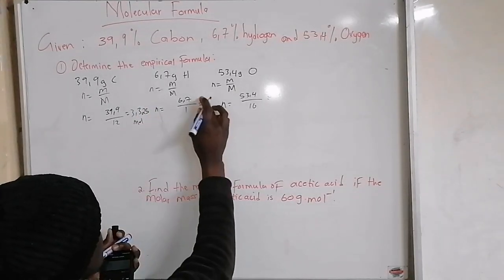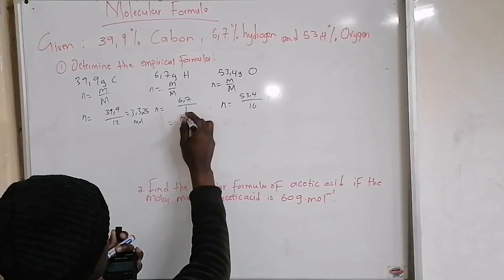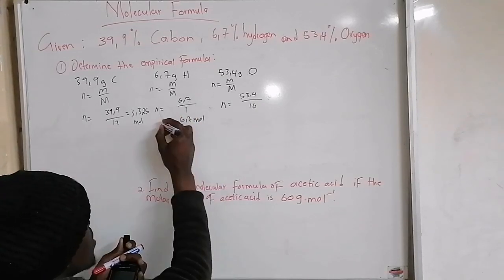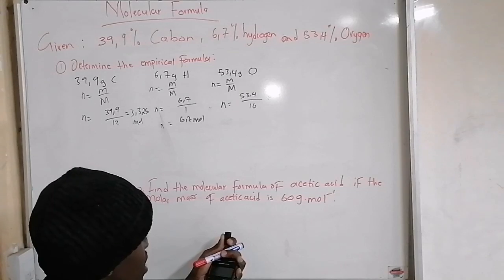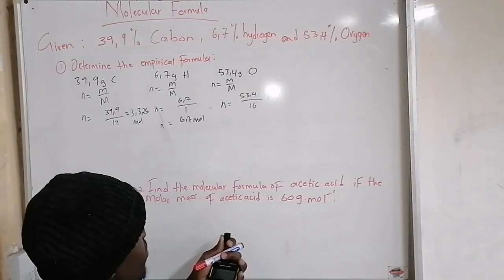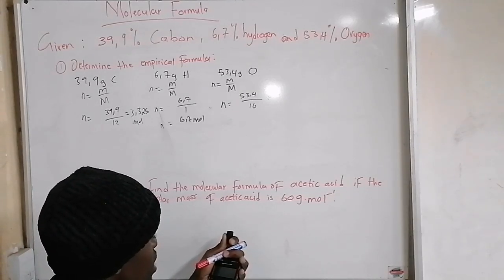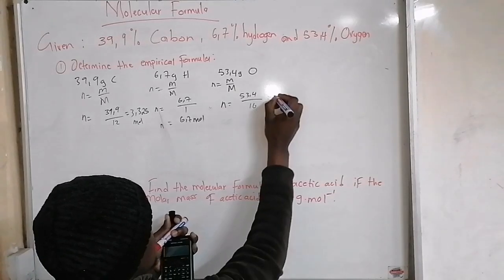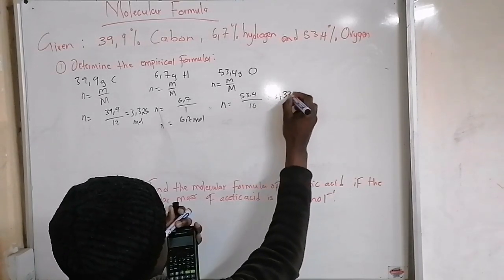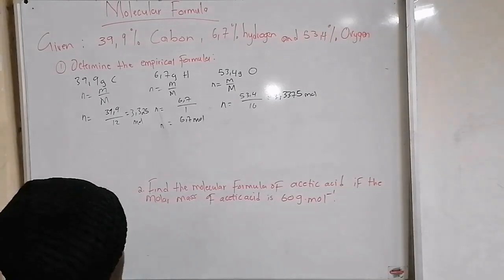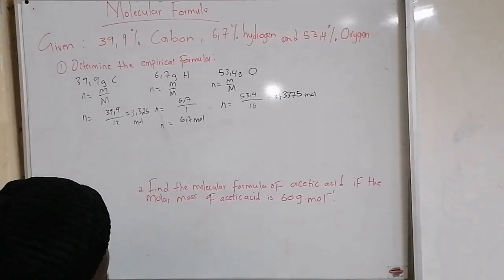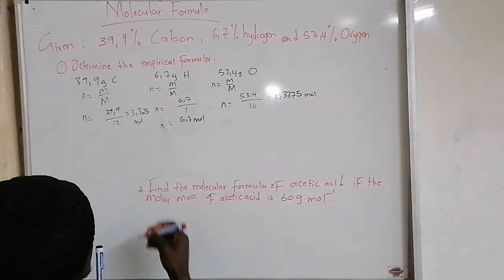Then here you get 6.7 mole. Then here it's 53.4 divided by 16. You're going to get 3.3375 mole.